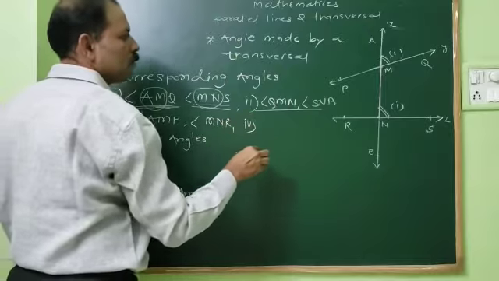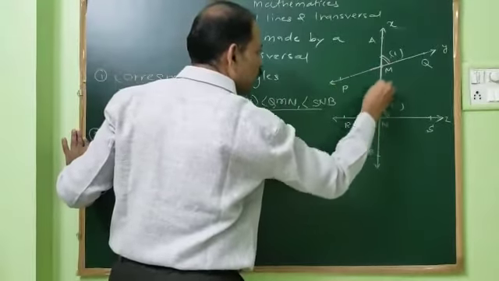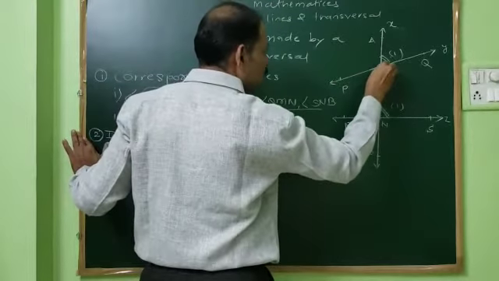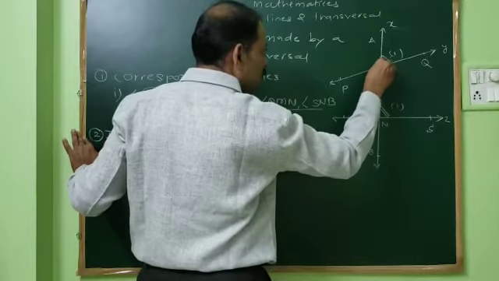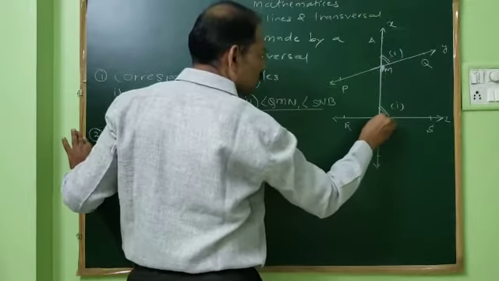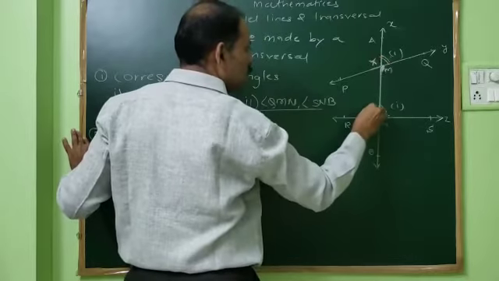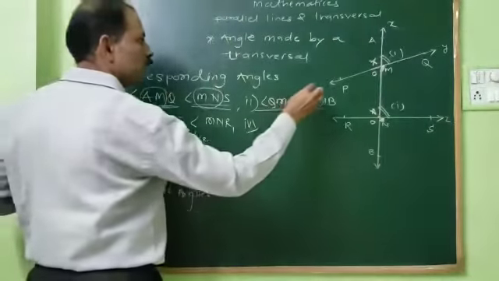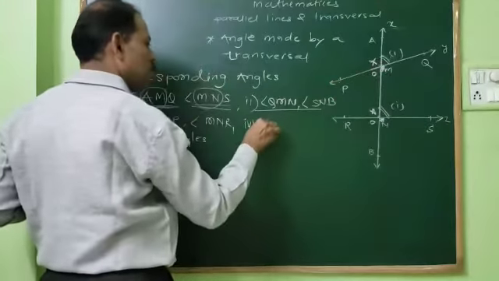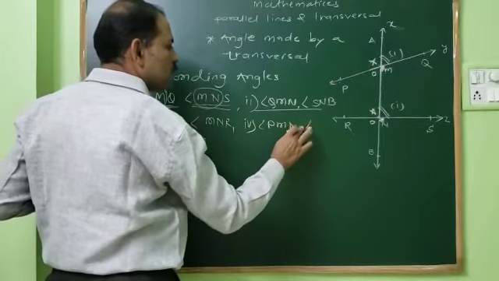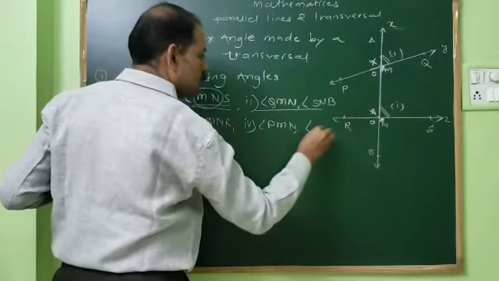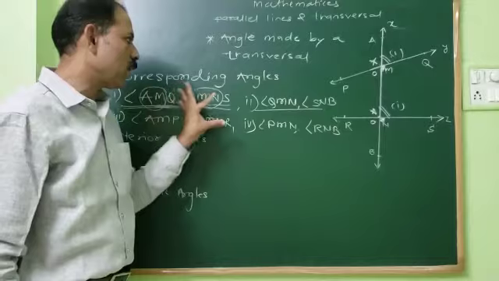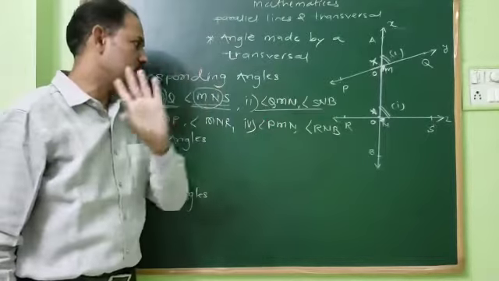Here I write symbols: the second I denote like this, the third is given a star symbol, and the fourth is given a circle. The fourth pair is angle PMN, and its pair is RNB. So these are the pairs of angles called corresponding angles.